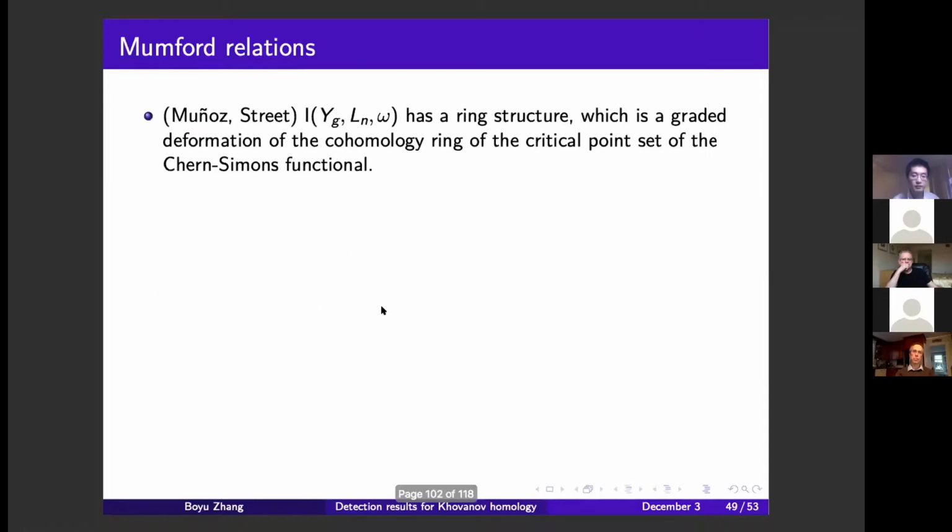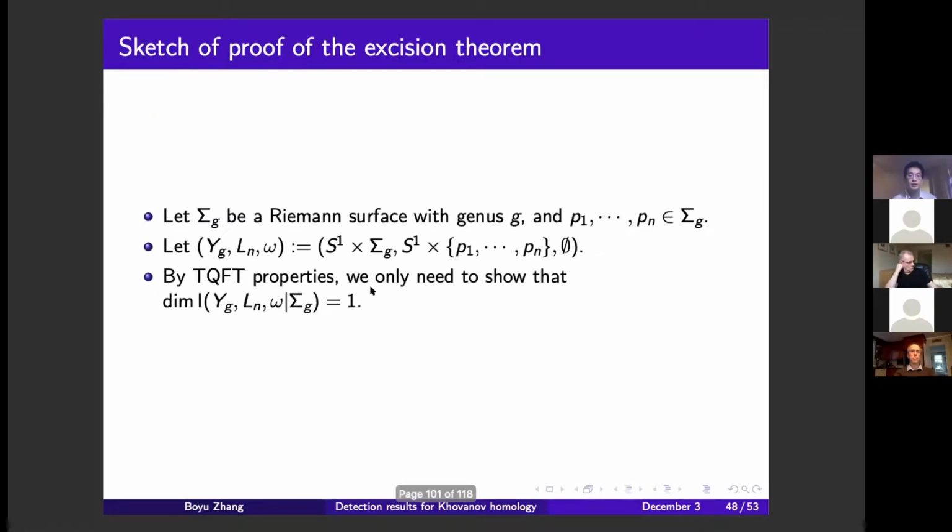Now there are a couple of ingredients in computing this. In all the proofs of the previous excision properties, the strategy was that we had to compute the instanton Floer homology completely first, then figure out exactly what this subgroup is, and show using an algebraic argument that the dimension of this subspace is 1.